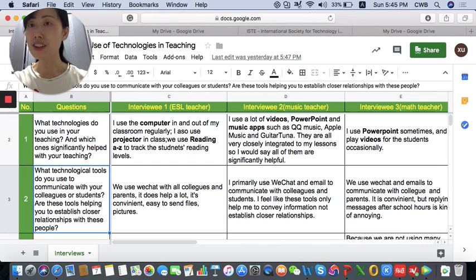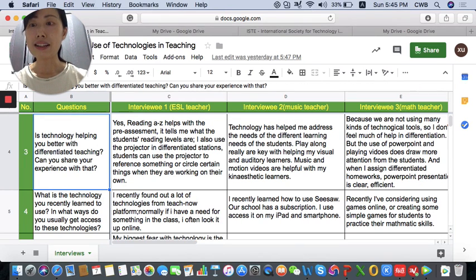Another practical question is how they use technologies to differentiate teaching. Each one of these 3 teachers could tell me 1 or 2 ways how they did it. But all of them admit that there must be more technologies out there to be explored.